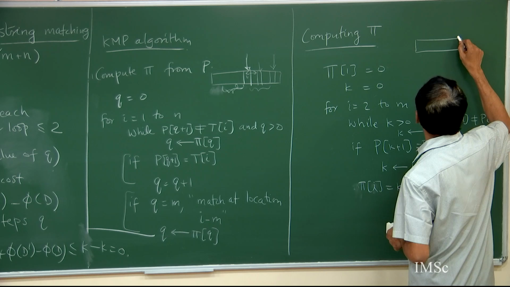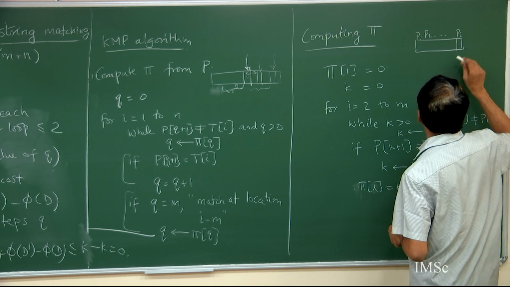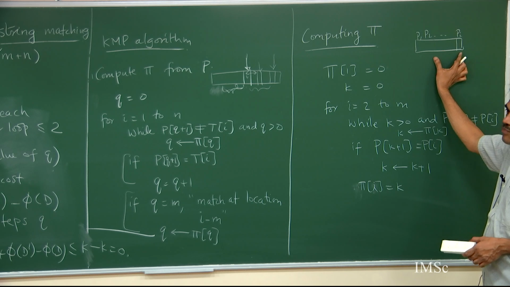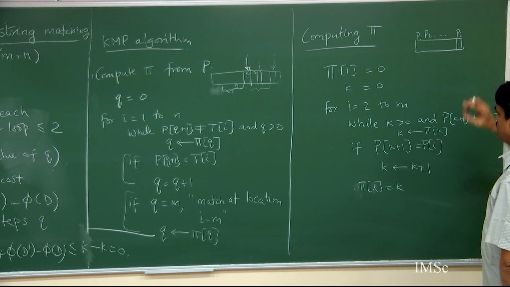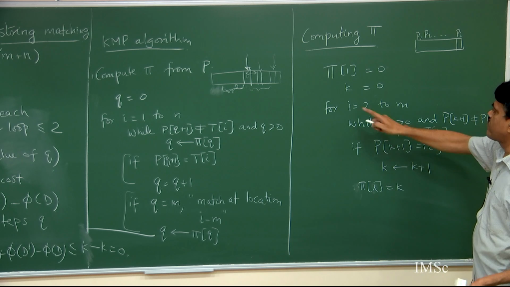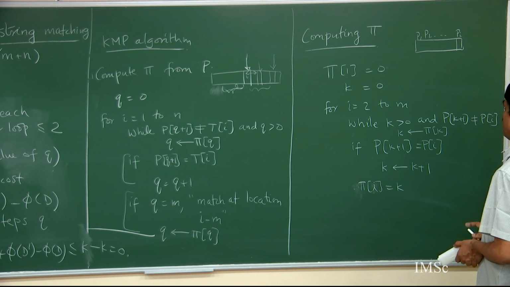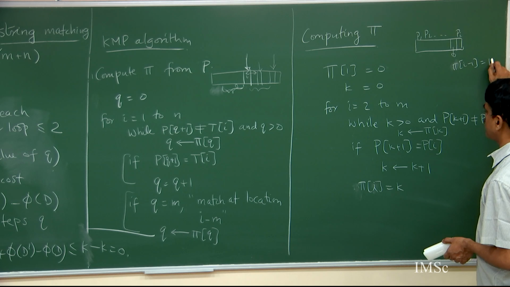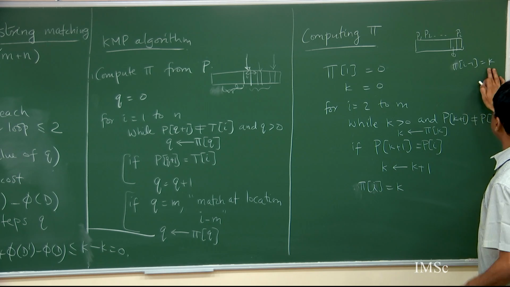pi of I, right, location I. I have P1, P2 up to Pi, and I want to compute the longest prefix of the pattern, which is a proper suffix of this, right. Okay. I want to compute pi of I. And I have computed, let us say, pi of I minus 1 is some k, because when you get out of this, you have actually computed pi of the previous character, and that turns out to be k, let us say.